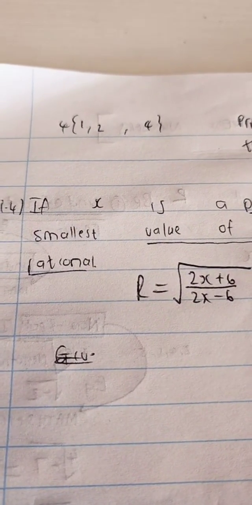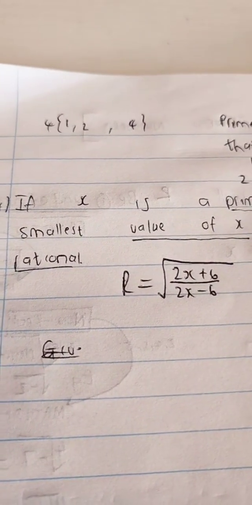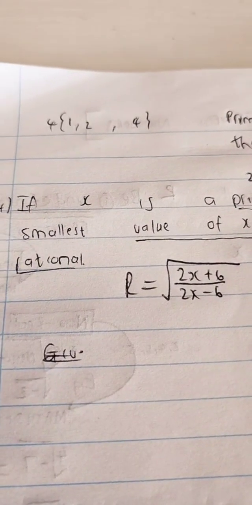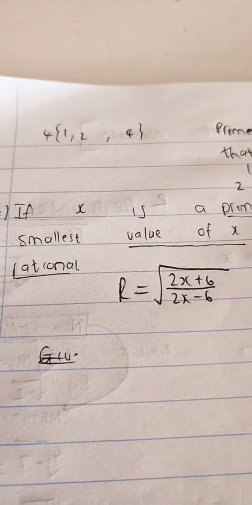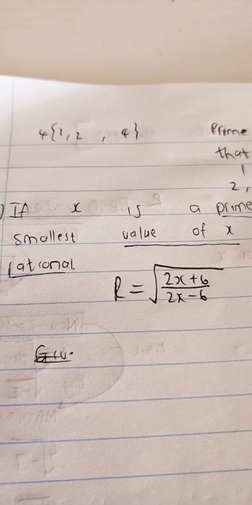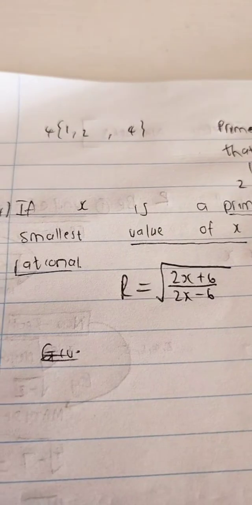So integers are your natural numbers 1, 2, 3, 4, 5, your 0, including your negative whole numbers, negative 1, negative 2, negative 3, negative 4, all the way to negative infinity. So from negative infinity to positive infinity, increasing and decreasing by 1, those are all our integers.